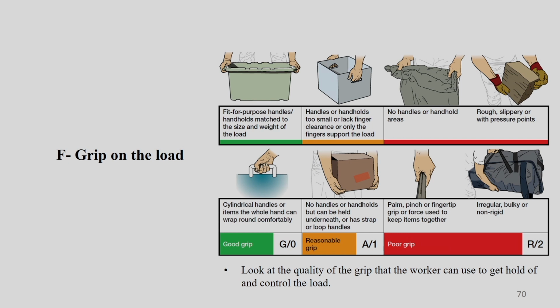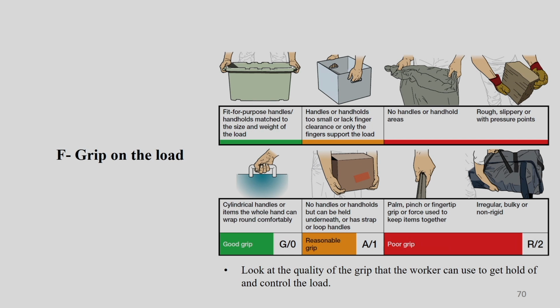So it is actually matching, then it is green. Or we can say good grip, or cylindrical handle, or items the whole hand can wrap around comfortably, how we hold our suitcase and other things. In those cases it is good grip. We can say color is green and value is 0.